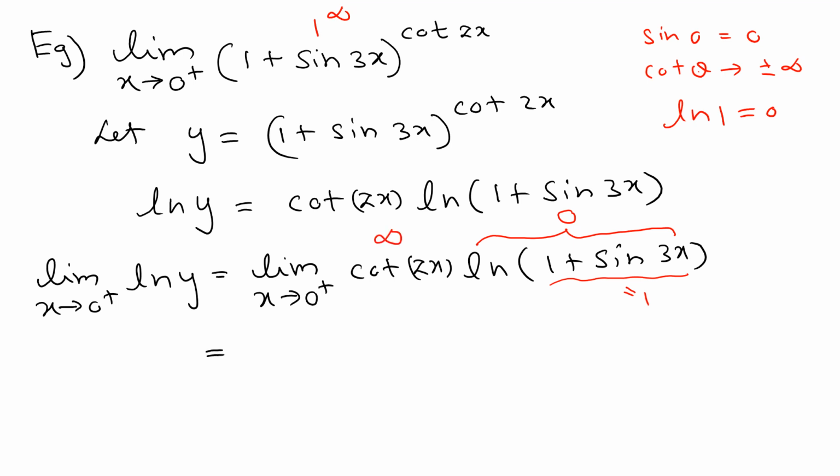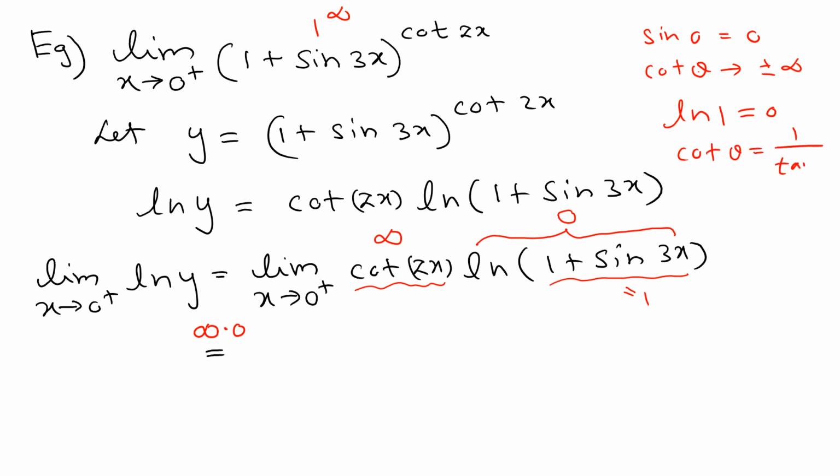So this is an infinity times 0 problem, and we know how to do that. That's a type 2 problem. So what we're going to do is convert this into either 0 over 0 or infinity over infinity. So the easiest thing that we can do is bring this term down, but we know the cotangent is 1 over tangent. So we know that cotangent theta is 1 over tan theta.